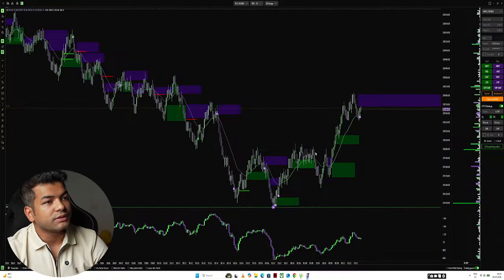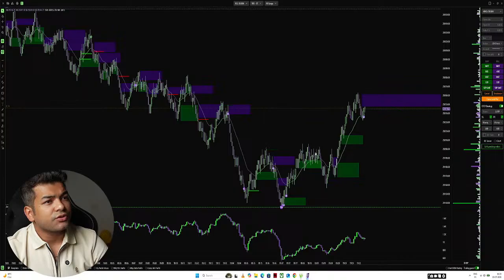Okay, so the sellers are trying hard on the retest area, but they're getting absorbed by the buyers.